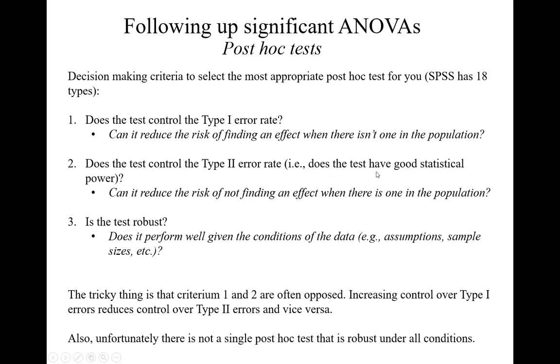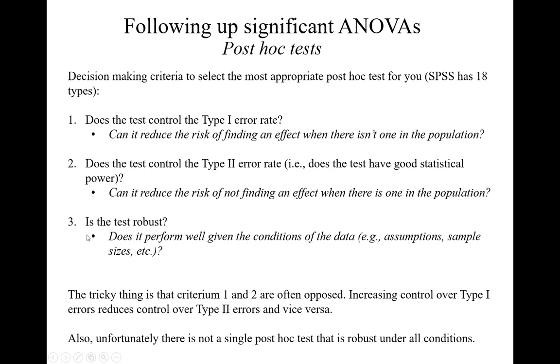This is more about whether it has good statistical power to still find a significant effect if it does exist in the population. So although we want to control for type 1 errors, we also want to maintain a certain amount of power so that we can find an effect if an effect does exist in the population.